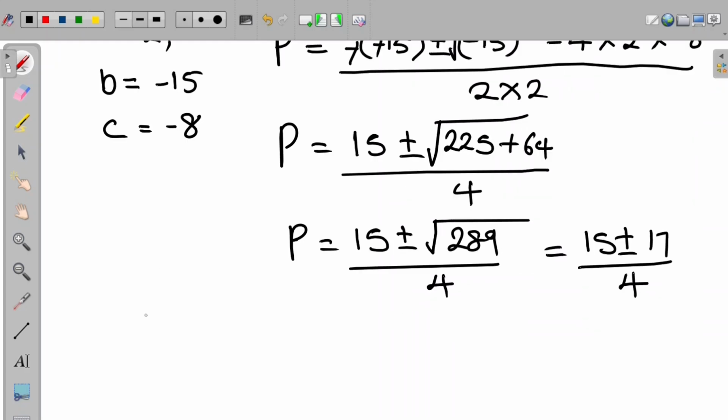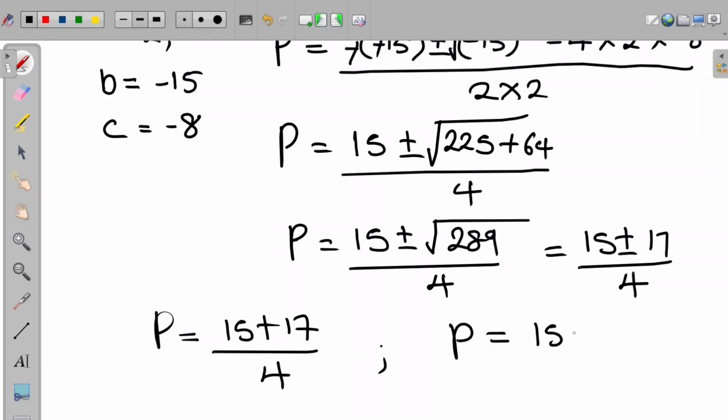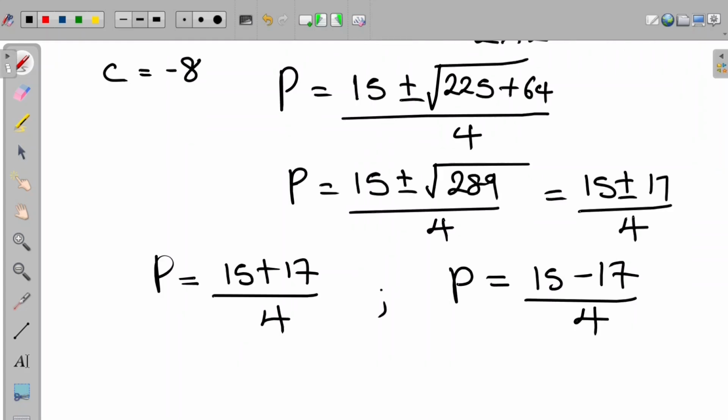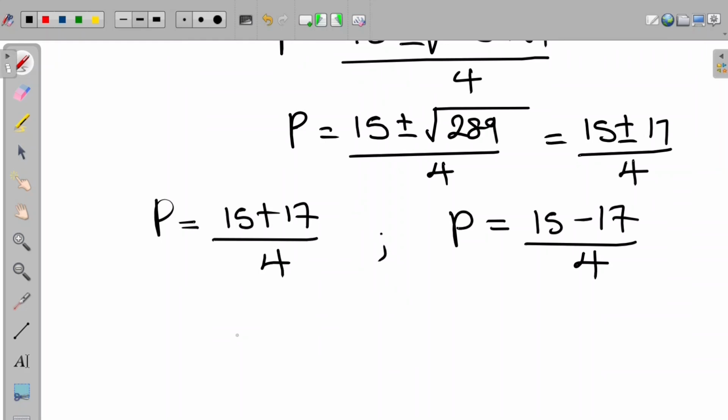So the equation now reduces to p equal to 15 plus 17 divided by 4, and also p equal to 15 minus 17 divided by 4. So 15 plus 17 is 32 divided by 4, and also 15 minus 17 is negative 2 divided by 4.